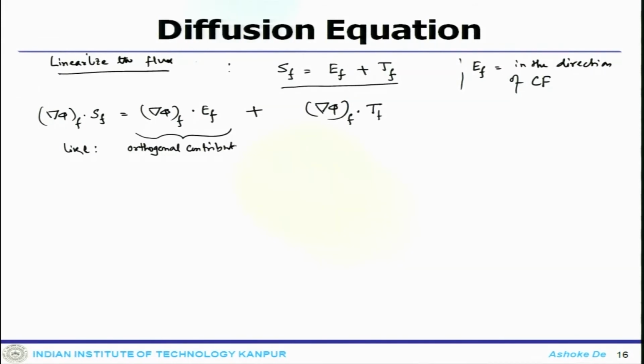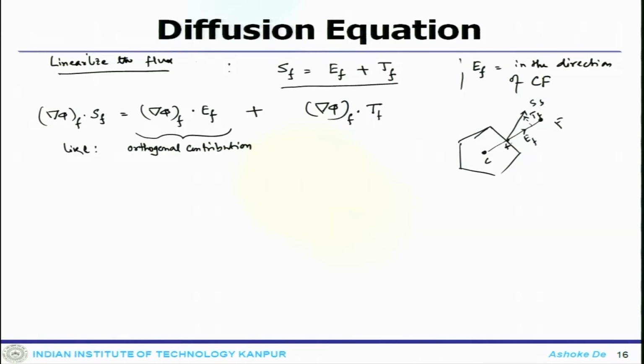This is my cell, C and F are connected from here, this is my SF, this is my EF, and this is my TF.